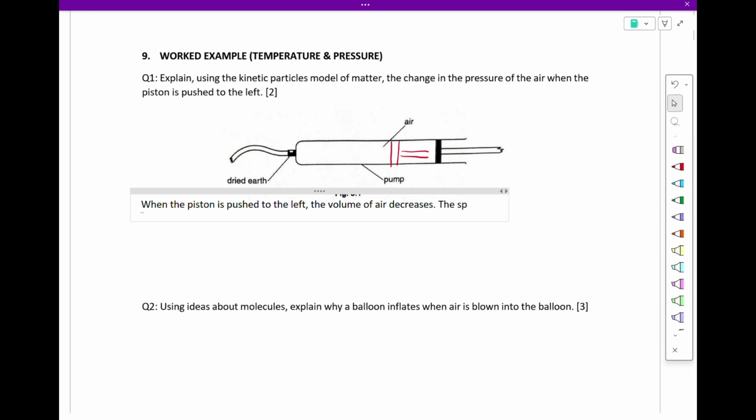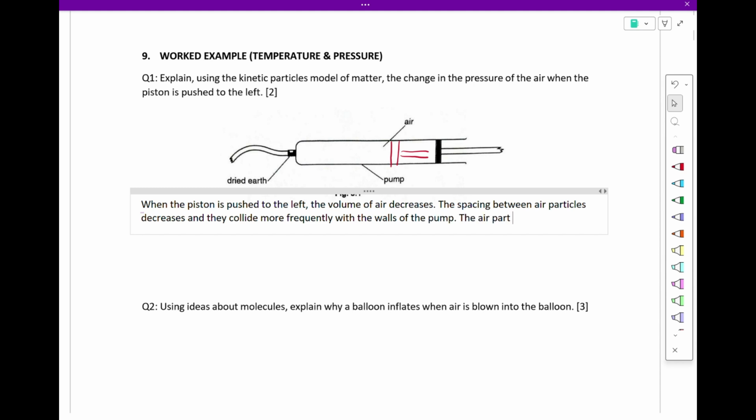The spacing between air particles decreases, and they collide more frequently with the walls of the container of the pump.